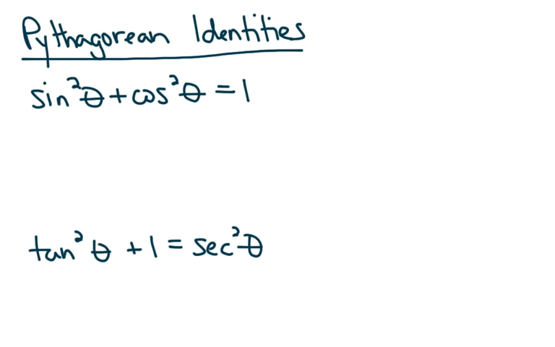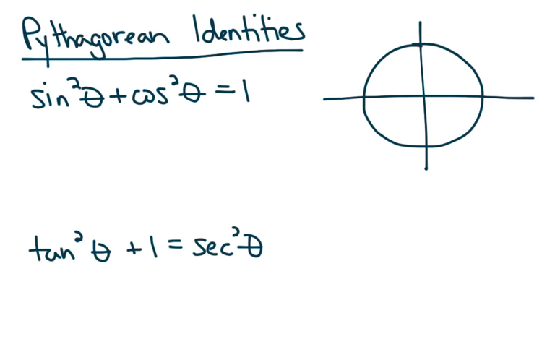Some other identities that we're going to look at are called the Pythagorean identities. The Pythagorean identities come from the Pythagorean theorem. So again, if you think about the equation of a circle, when we did the equation of a circle centered at the origin with radius 1, it was called the unit circle, and its equation is x squared plus y squared equals 1.